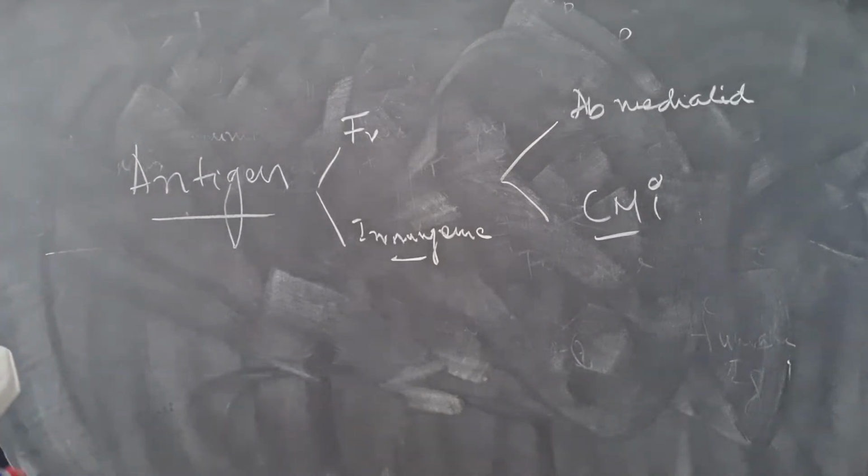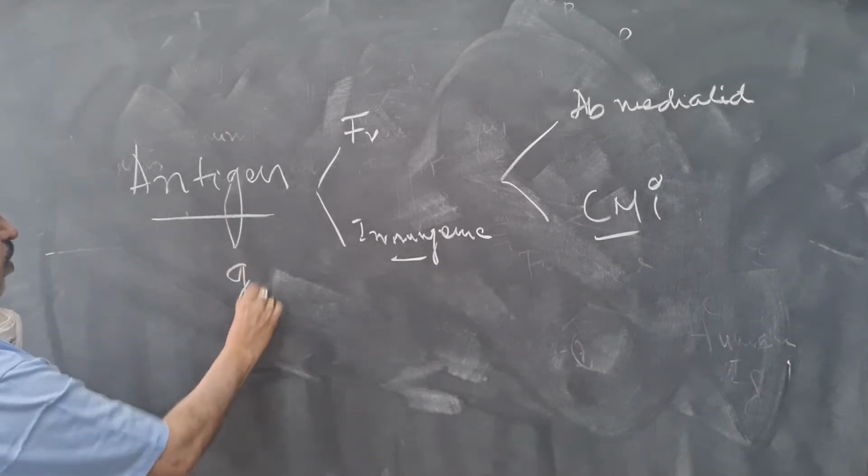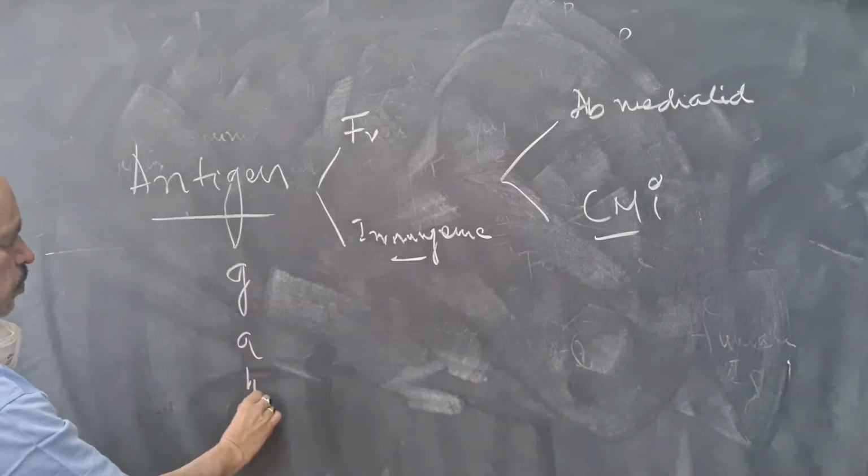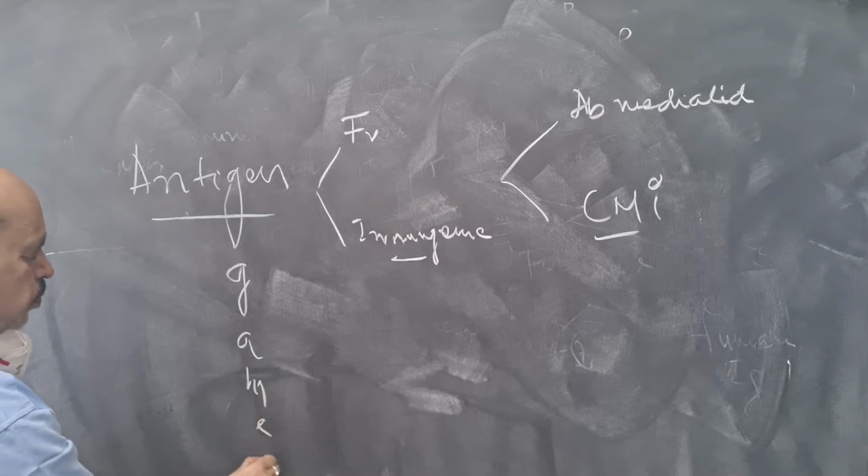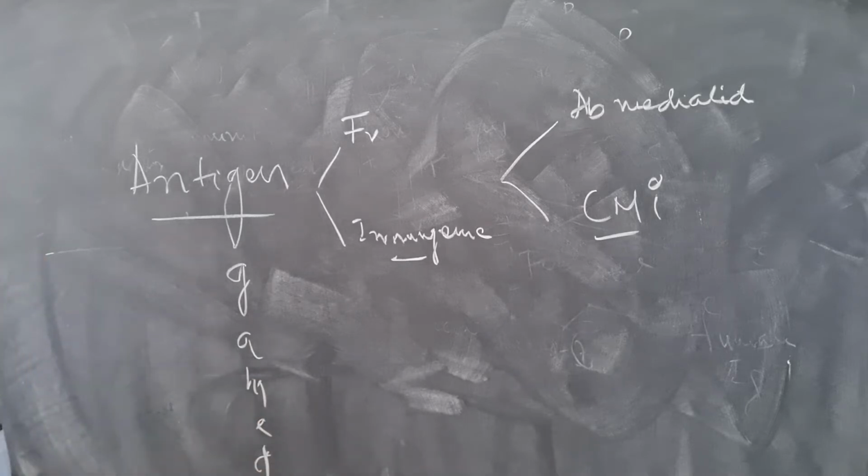Remember them with the mnemonic GAMED. There are five classes of antibodies.